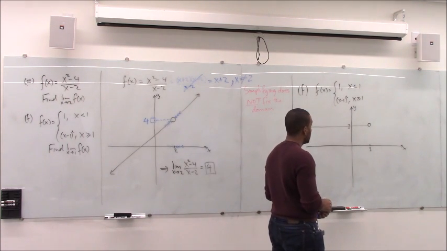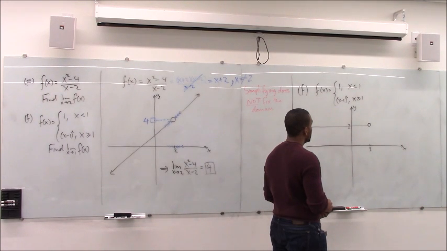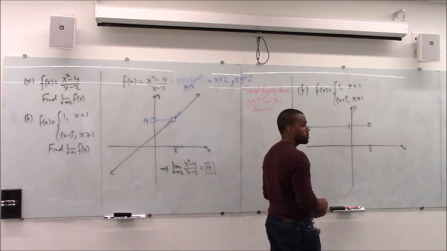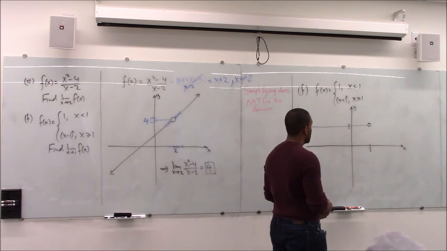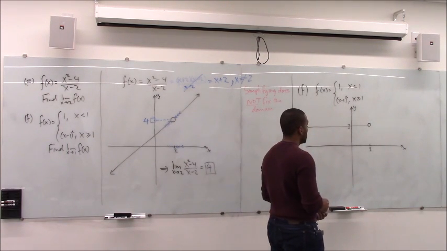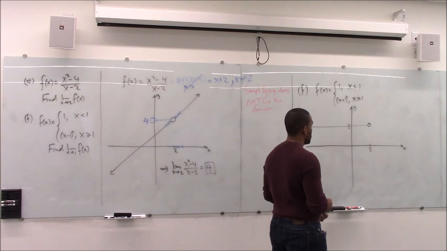Yeah? For x greater than or equal to 1 on the second piece, do you do like a closed circle and then draw a line going to the right? Well, where would be the closed circle? If x is equal to 1, what is the function?